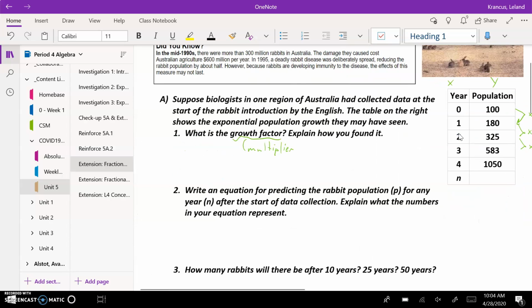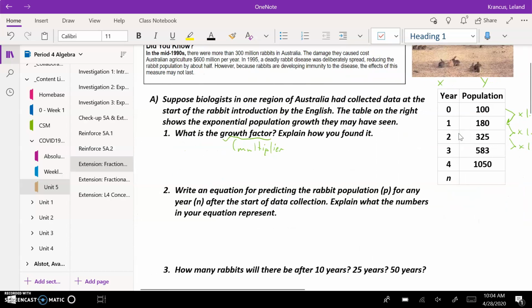And so that's what we call the growth factor: dividing a y value by the previous y value to see what each one is multiplied by to get the next. And they call this the b value, b equals 1.8.